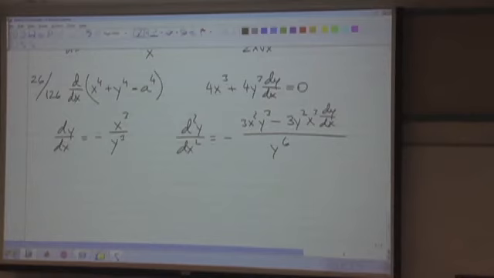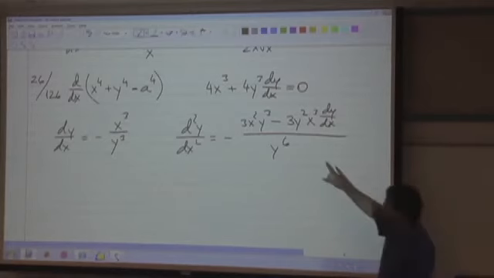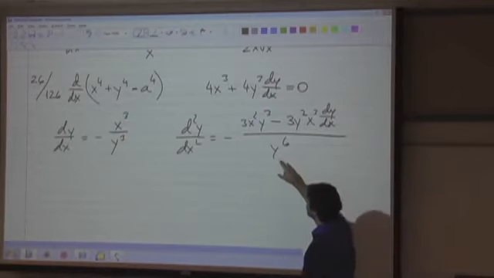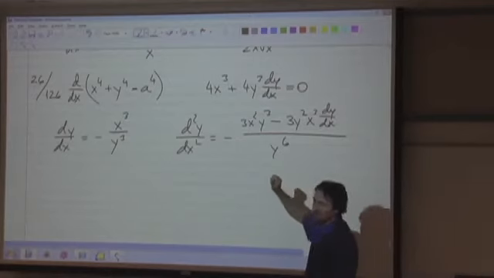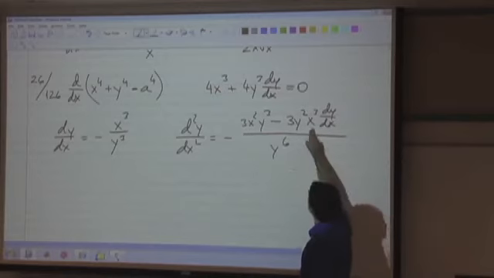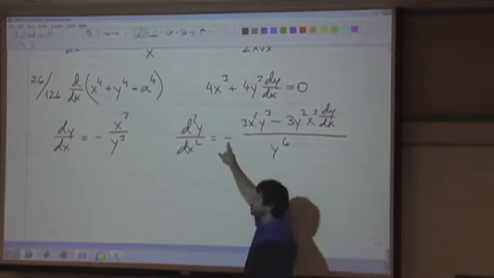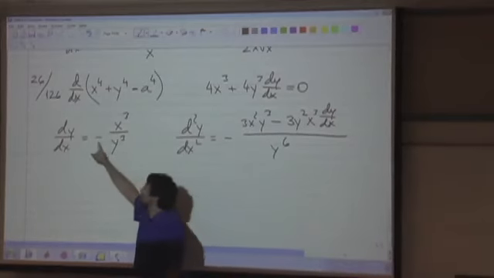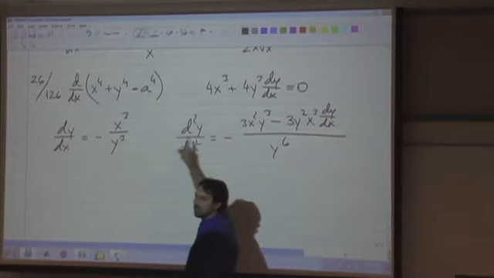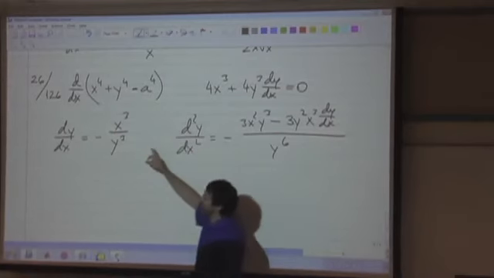I got a question about that. Isn't the x cubed negative on the right side? Which right side? Over here? Like 3y cubed x cubed. Isn't the x cubed negative? Here? Yes. Why would it be negative? All I'm doing is keeping the minus in front and taking the derivative of the fraction.